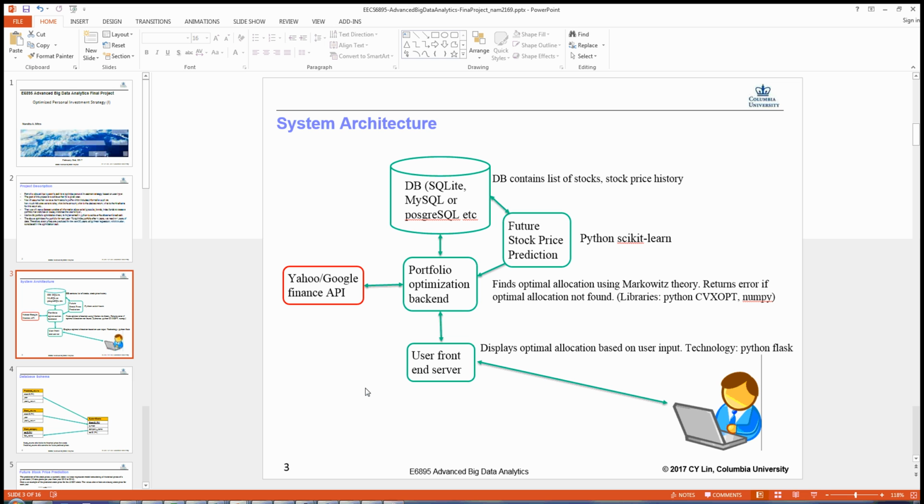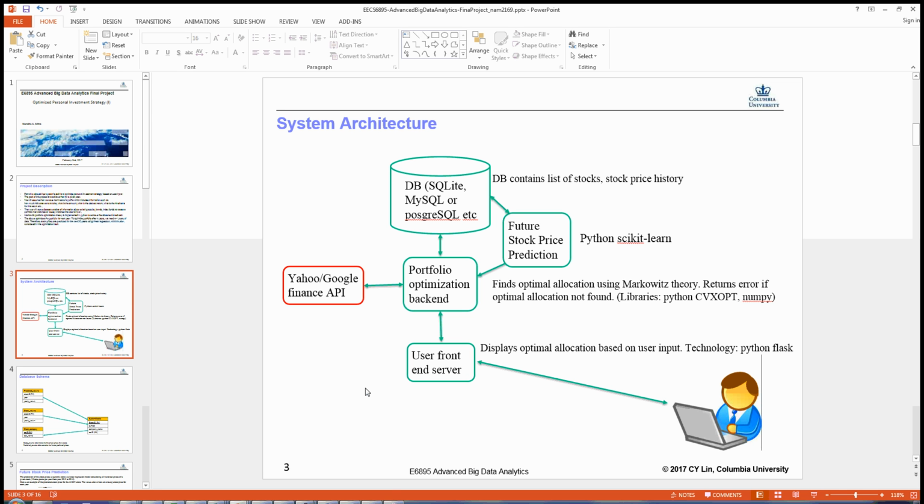Moving on, this is my system architecture. I have a database that contains the list of stocks and stock price history, and now it also contains the predicted future stock prices. My portfolio optimization backend either talks to the database, and if the data is not there, it goes out to the Yahoo API and puts the data back into the database.